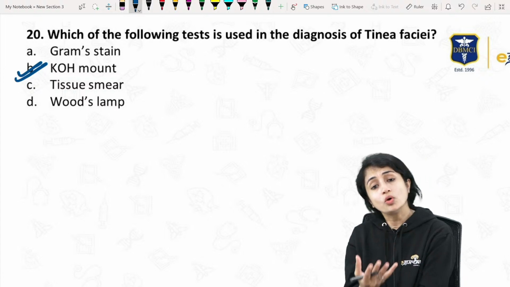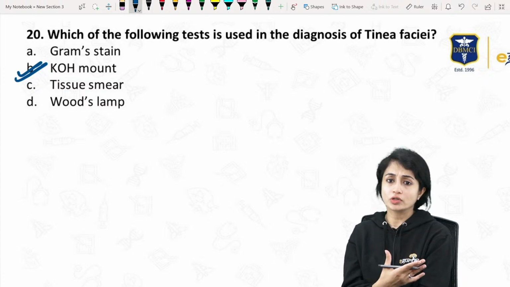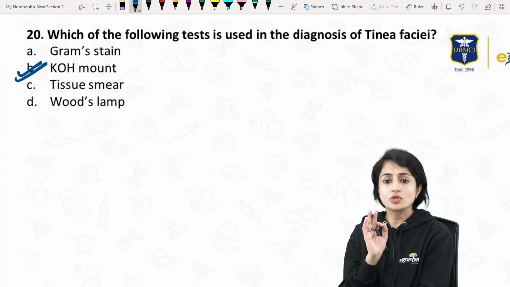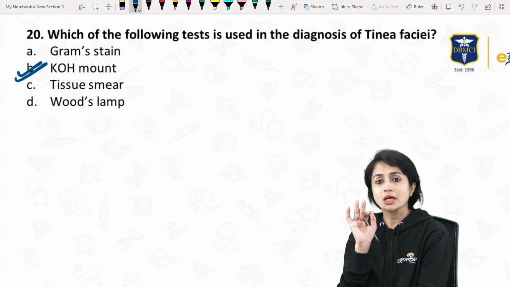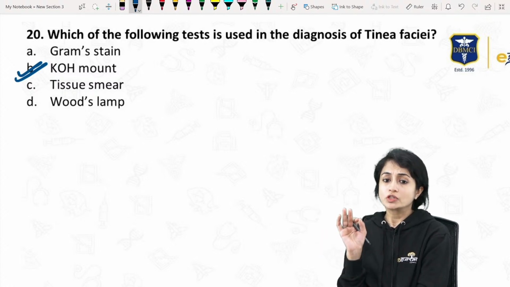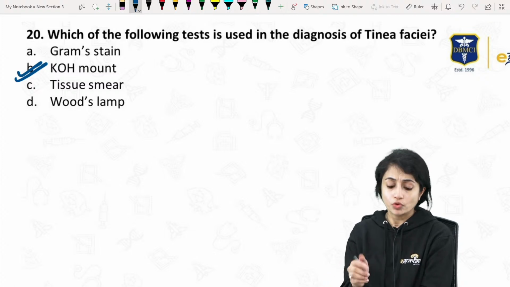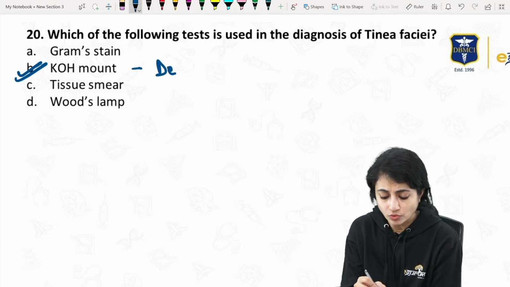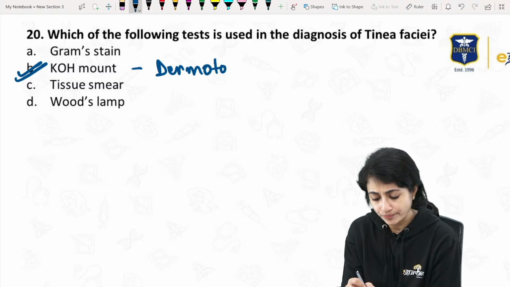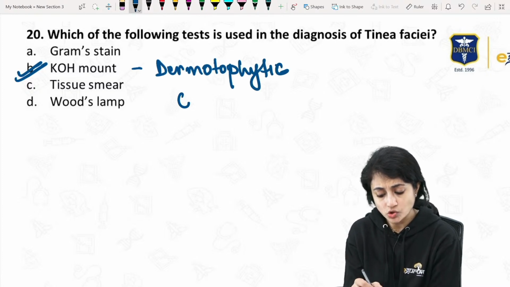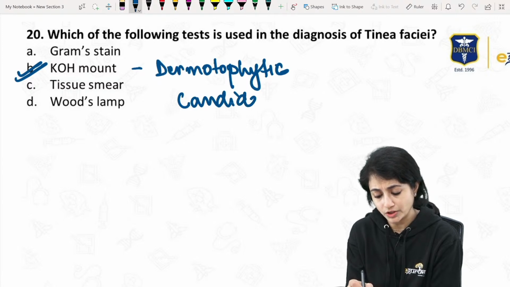Also, not all kinds of tinea faciei show fluorescence. So, my test to diagnose tinea faciei is KOH mount, which is used very commonly for all kinds of dermatophytic infections, which can be of the skin, hair or nails, and it is also used for candidal infections.